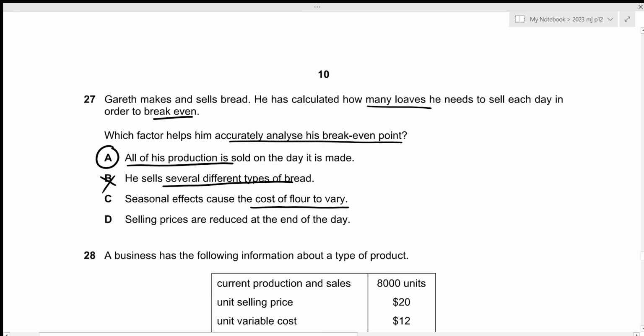So cost of flour might act as our variable cost or the fixed cost, but remember that the assumption for marginal costing is that the variable cost as well as the fixed cost will remain constant over time. This is incorrect as well. Then the fourth one is selling prices are reduced at the end of the day. Again, this is incorrect because this violates our assumption for marginal costing, which states that the selling price should remain constant. Let's move towards the 28th question.